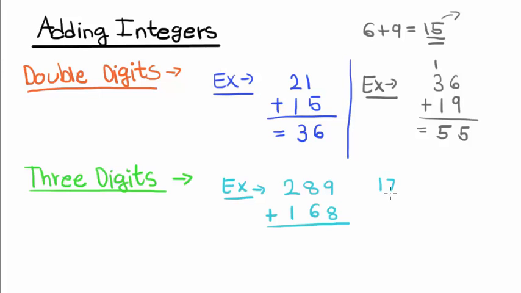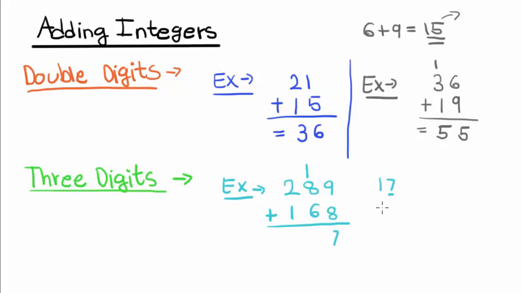Now I realized that the units place in the number 17 is the number 7. So I write down the 7 right below 9 and 8, and I carry over the 1 onto the next set of numbers. Now I add up 8, 1, and 6 together, giving me 15.